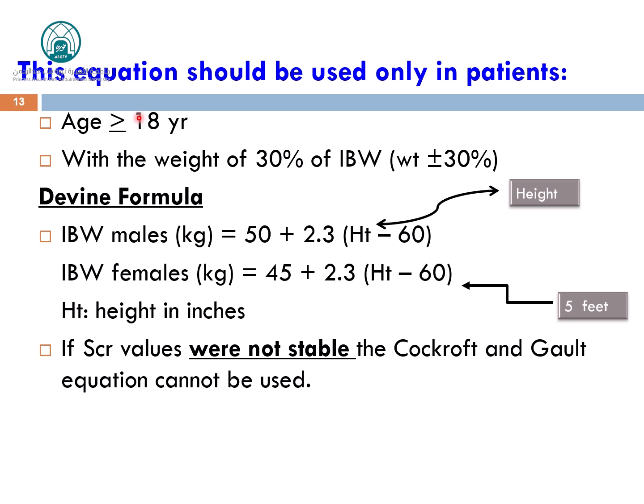Concerning the Cockcroft-Gault equation, the patient should be of age more than or equal to 18 years. So adolescents or children cannot have the Cockcroft-Gault equation applied. They should have a weight within plus or minus 30% of the ideal body weight.